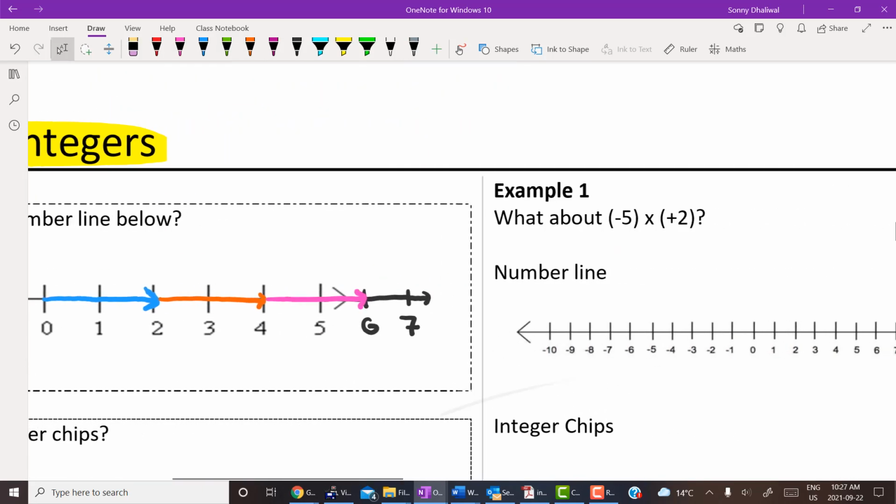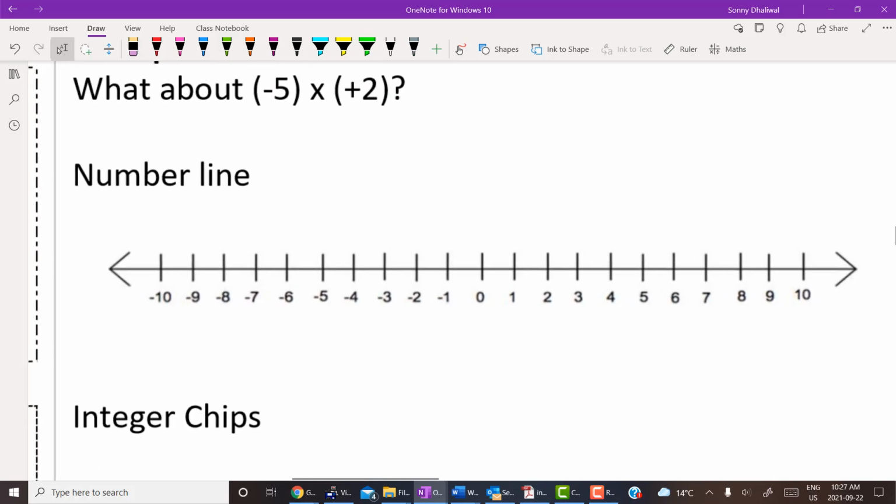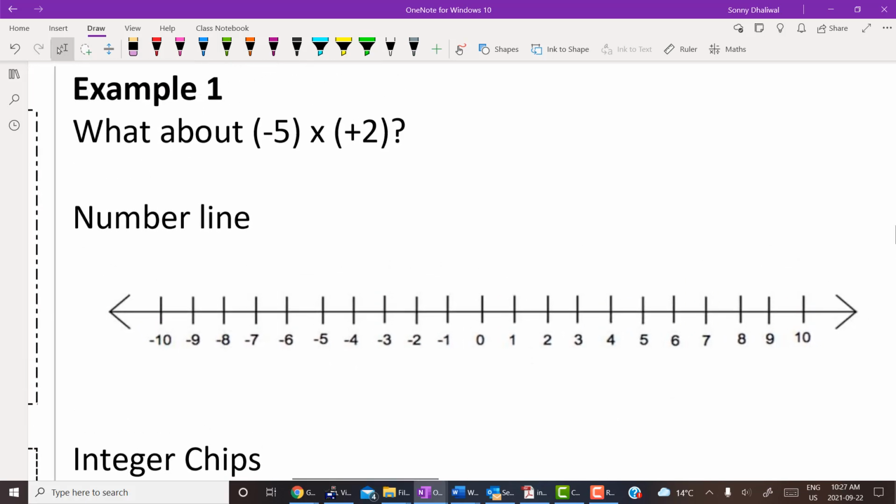Okay, let's do this one together. Example 1. How would you draw this first term on the number line? Yes, Adam? With a line going all the way to -5.